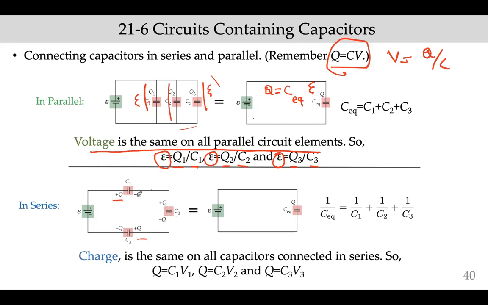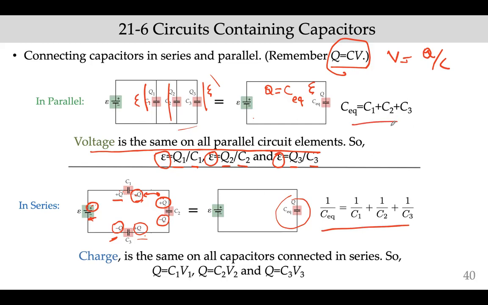So if this is plus Q, this is negative Q. This is plus Q because it's connected to the positive terminal, and the other side should be negative Q. And if it's negative Q, then this part should be plus Q, negative Q, plus Q, negative Q. So here the signs are alternating, but with the battery they have the same signs. So if you connect capacitors like this, the equivalent capacitance will be calculated by this formula.